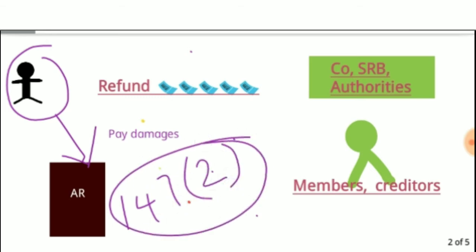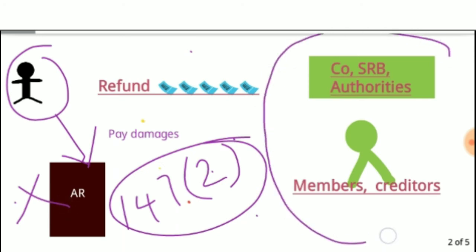That is, he has contravened section 139 or 143, 144 or 145 of the Companies Act 2013 with an intention to deceive these categories of people, that is the company, statutory regulatory body, income tax authority, members, creditors, etc. Because of the wrong information in the audit report, it is sure that these people will suffer because they are using the audit report in which incorrect or misleading statements are included.